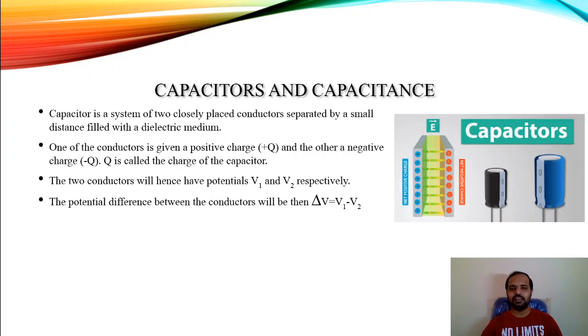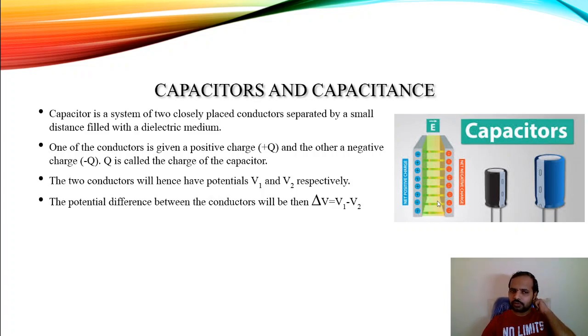That is, if we are in requirement of a uniform electric field, we can just use this particular configuration to get it. And usually in the gap between the two conductors, in certain cases we leave the space as it is. That is, we are going to maintain either a vacuum or we'll just leave it as it is, so that the air is filling up the space between the two conductors.